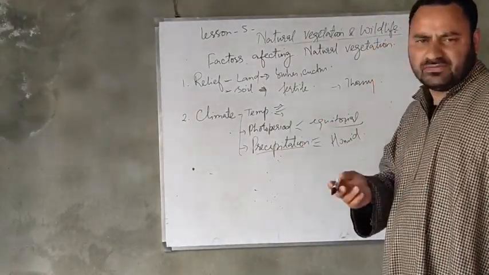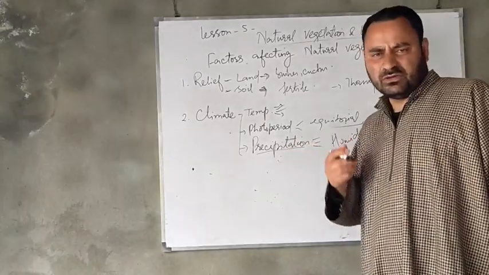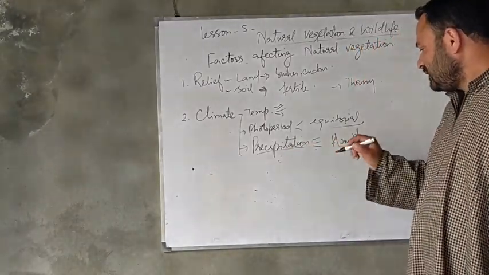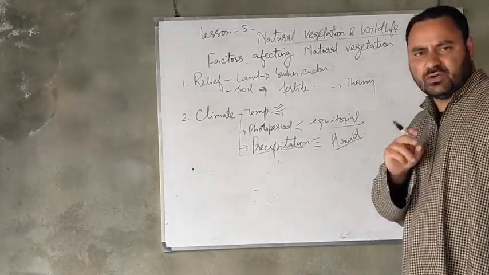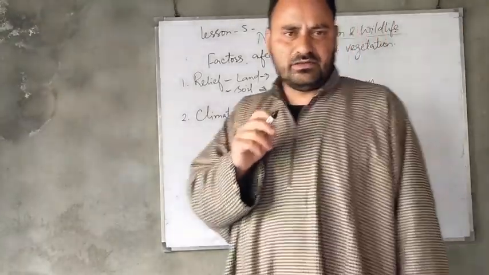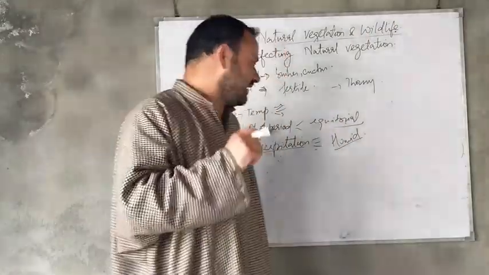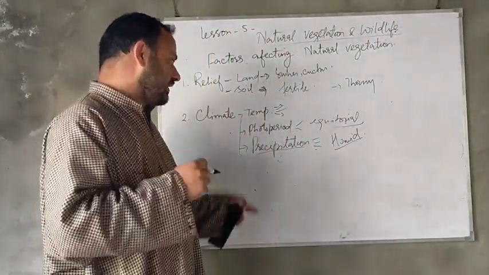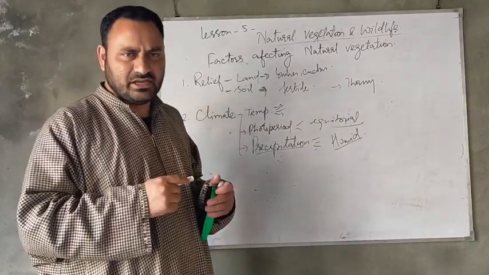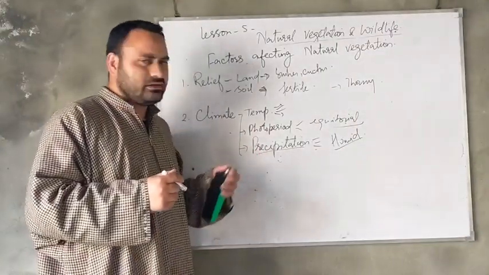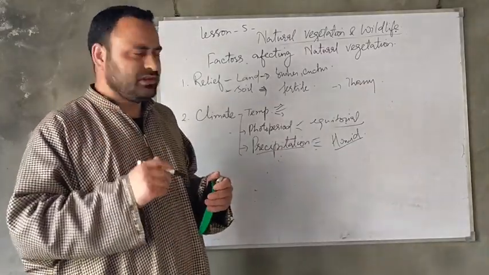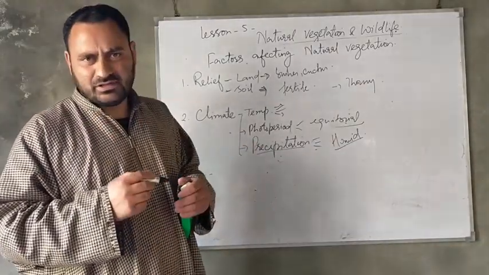Precipitation may be in different forms, it may be rain, it may be snow, but generally hot and humid areas, meaning the areas which receive more rain, have thick jungles and thick forests than the areas which receive less rainfall. Like deserts, their plant cover is very thin or they are devoid of any vegetation.